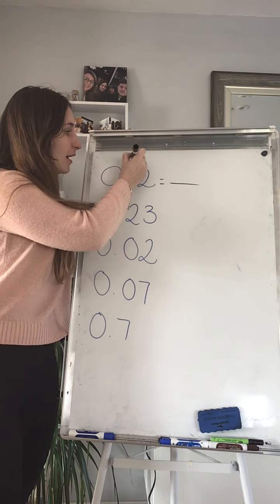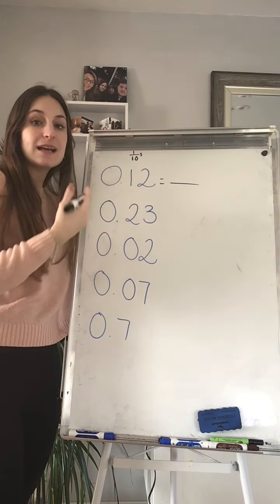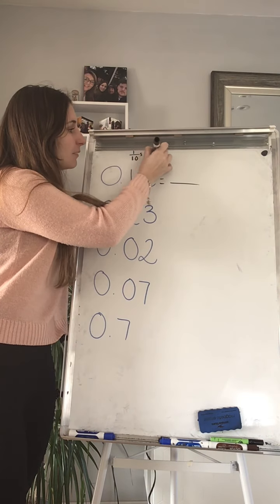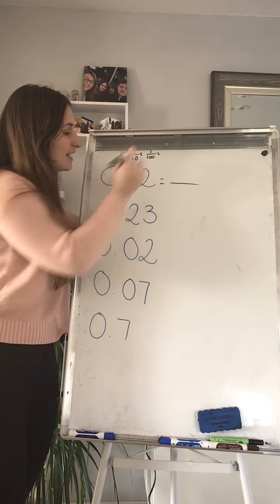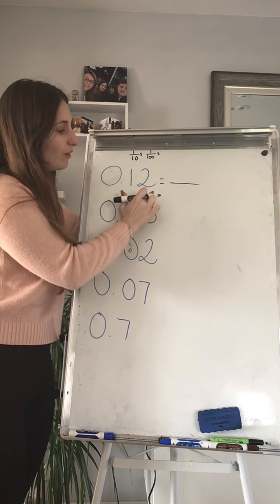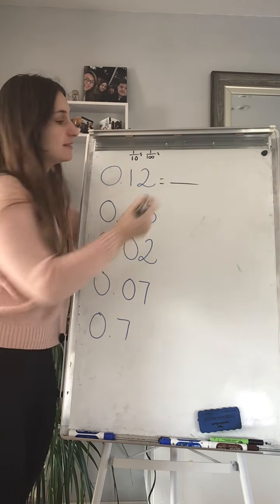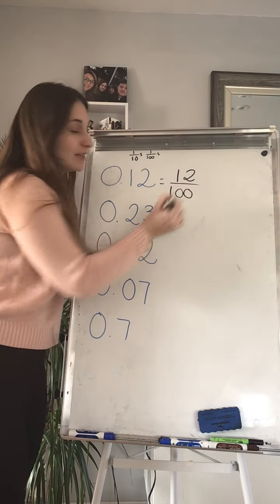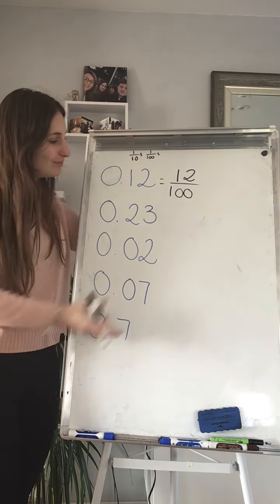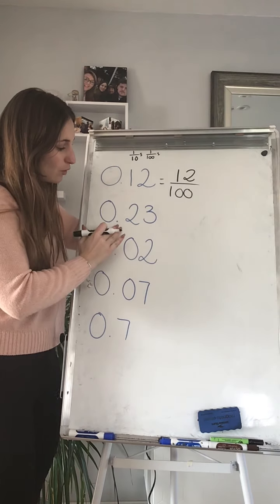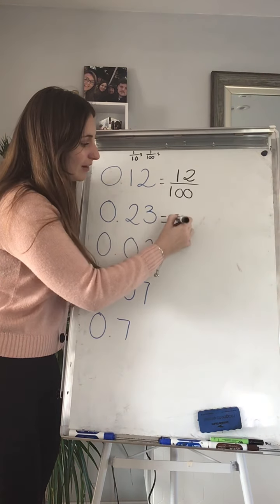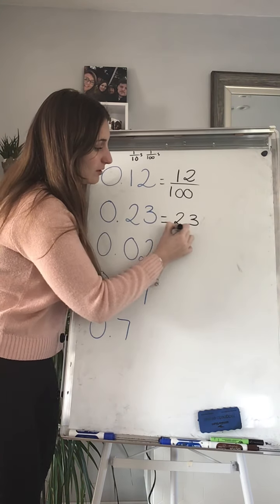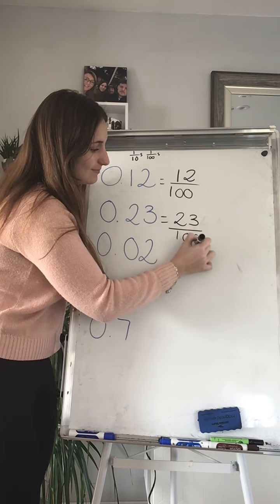I have here my tenths, and my next value is my hundredths. So I have 0.12 hundredths. That means I have 12 hundredths. Okay? Next one, 0.23 what? Hundredths. So I have 23 hundredths.